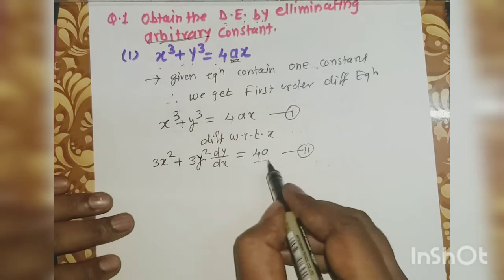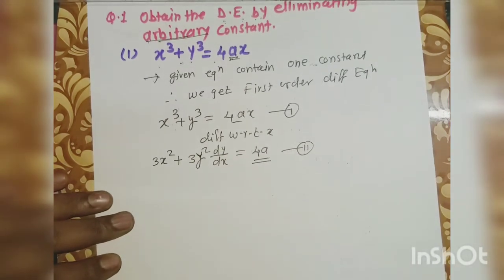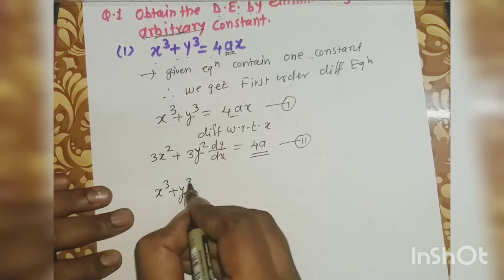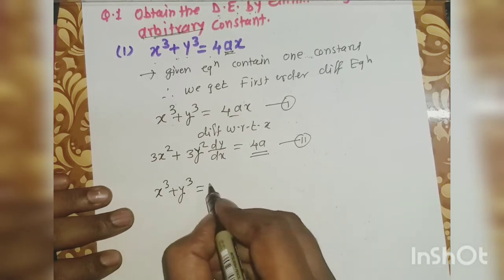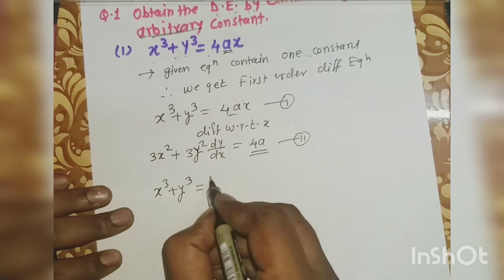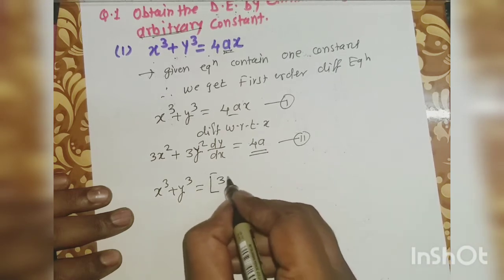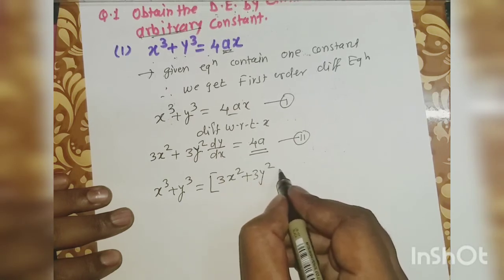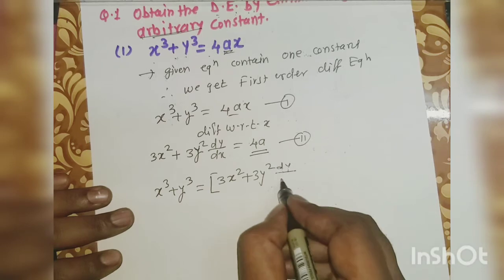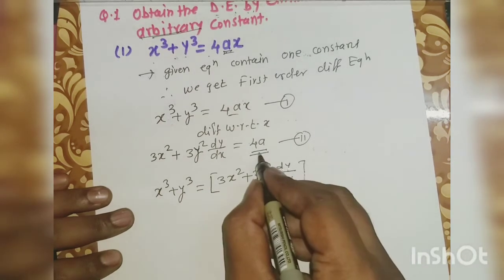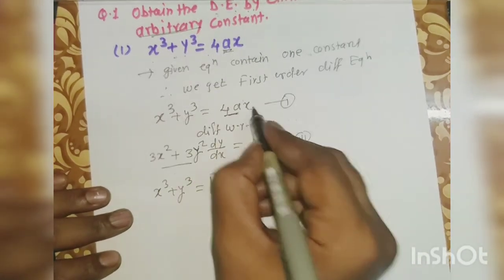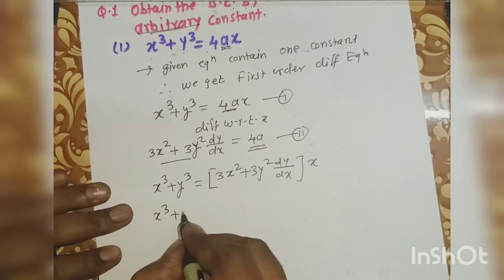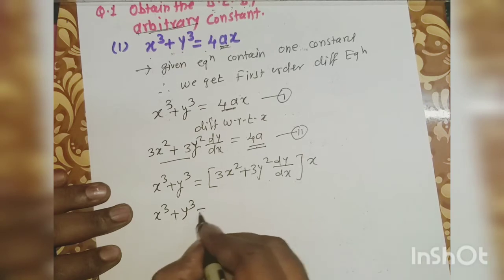Put the value of 4a from equation 2 in equation 1, then we get x cube plus y cube is equal to bracket 3x square plus 3y square dy by dx, that is the value of 4a, into x.